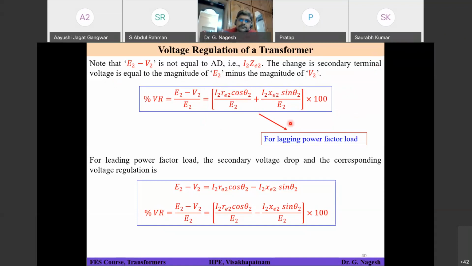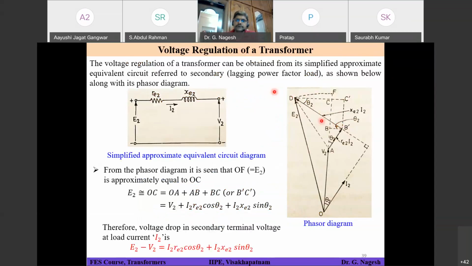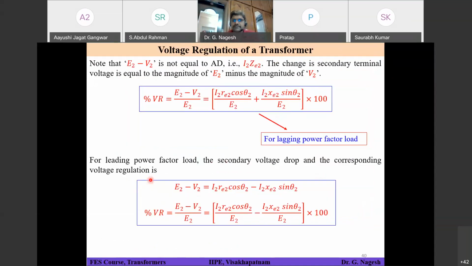Okay. So the same thing if you apply for a leading power factor load, then you will observe that in your phasor diagram the current will be in this direction. Similarly, if you draw the phasor diagram and try to solve it, you will understand that E2 minus V2 will be the same, everything will be same. Only thing is you will get a minus sign in between.